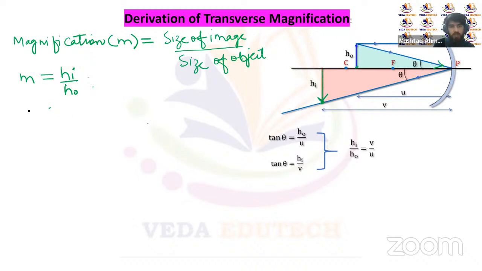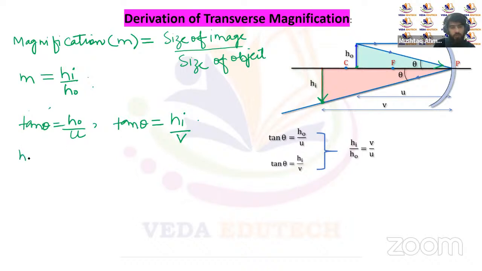Now from here you can see, the angle of incidence is theta, so the angle of reflection has to be theta. So tan of theta can be written as height of object upon object distance, and similarly tan of theta can be written as height of image upon image distance v.